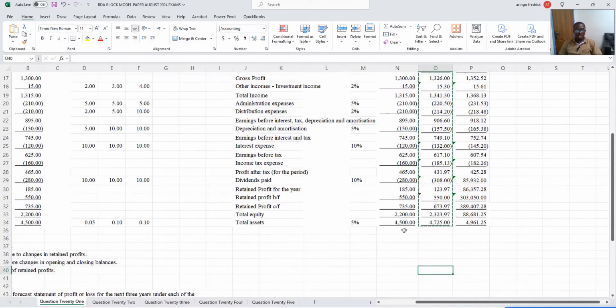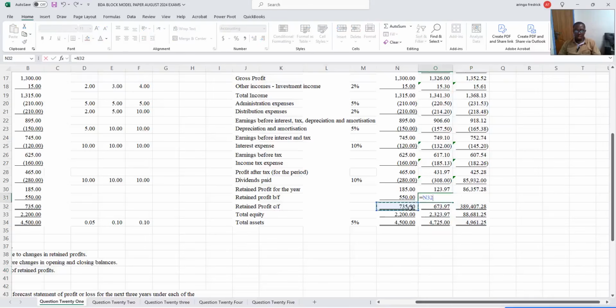So therefore, we can simply say from our computation, my retained profit carried forward will be our opening in the next period. So that I should be having that. Whereas for this period, we needed to have locked this. This one we didn't lock. I think that's why we are getting that. So we should lock that.